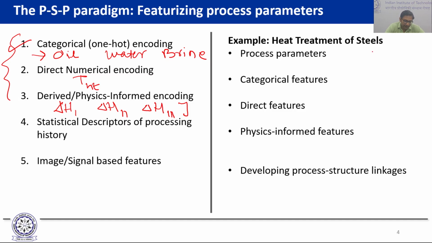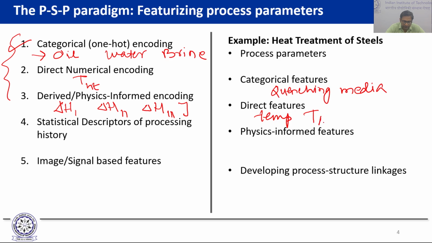So again, if I take the example of heat treatment of steels and then I start looking at the process parameters, I can look at categorical features which would be in terms of the quenching media as we described. The direct numerical features can be in terms of the temperature at which we are doing the heat treatment.